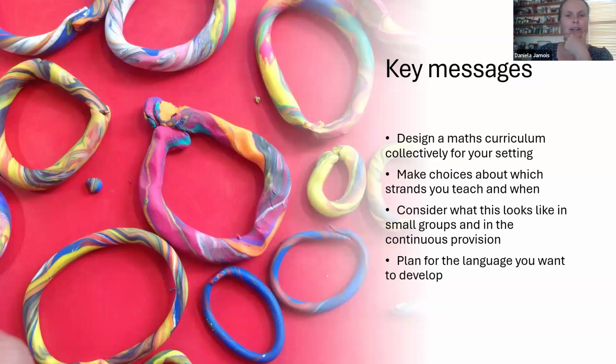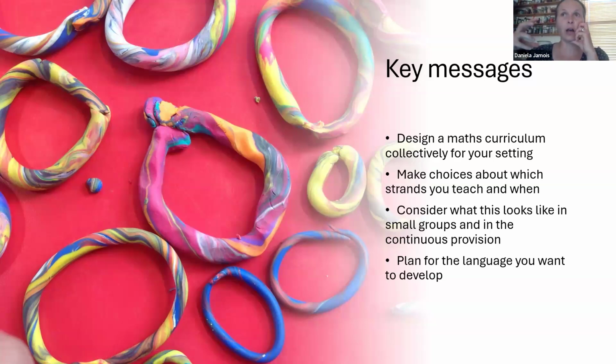And what I'd really like the key messages from this session to be around is you going away and thinking about, perhaps over the summer, designing a maths curriculum for your setting and including as many stakeholders in your setting that you can. So you've got those differing views.